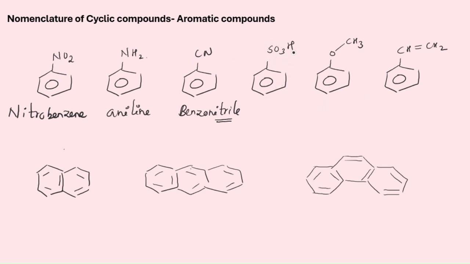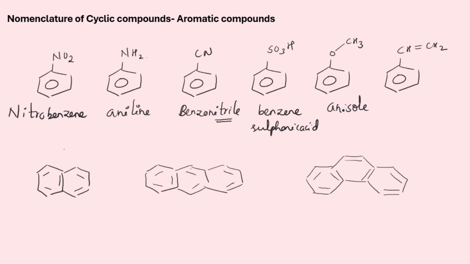For the next molecule, you see SO3H, that is nothing but sulfonic acid. Therefore, you can call this benzene sulfonic acid. Here we have ether as a functional group. Therefore, you can call this methoxybenzene, or the common name of this molecule is anisole.